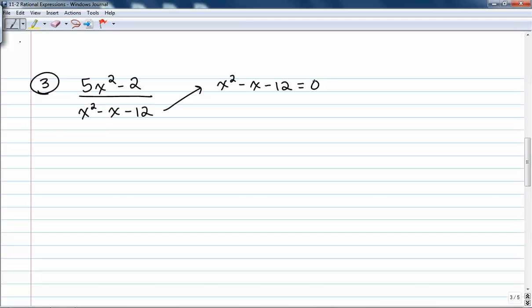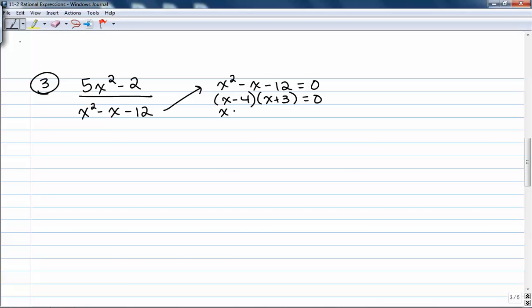And to figure out what this is I need to factor the trinomial. So if you recall, I'm looking for two numbers that multiply to negative 12, and the same two numbers add up to negative 1. So that's going to be x minus 4 times x plus 3.